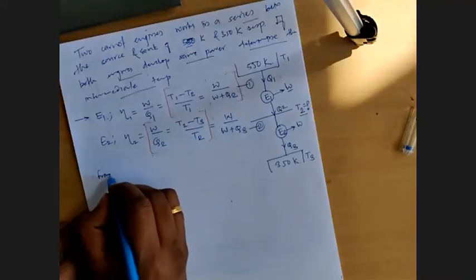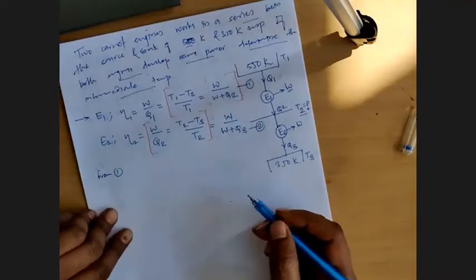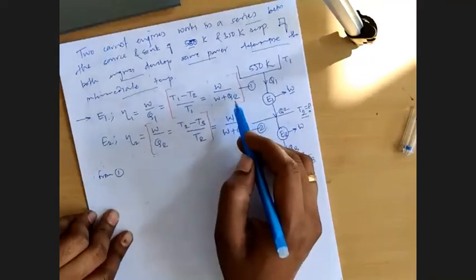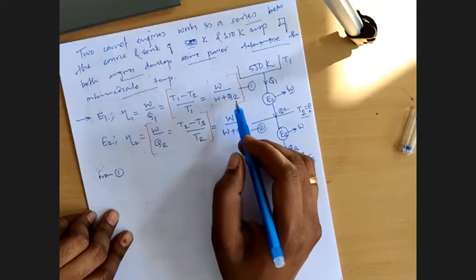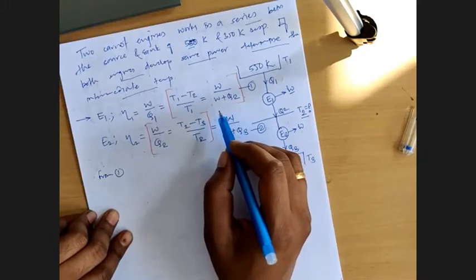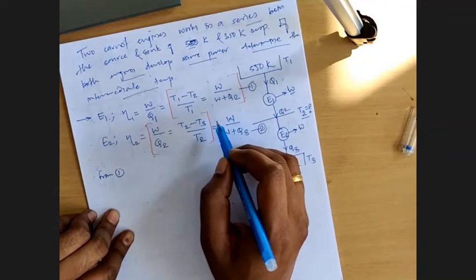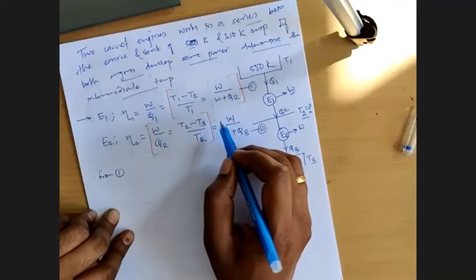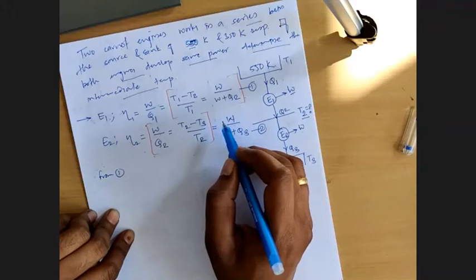From equation 1, in the sense from this red bracket from equation 1, T1 minus T2 is equal to Q2 plus W. We have taken it to the other side.